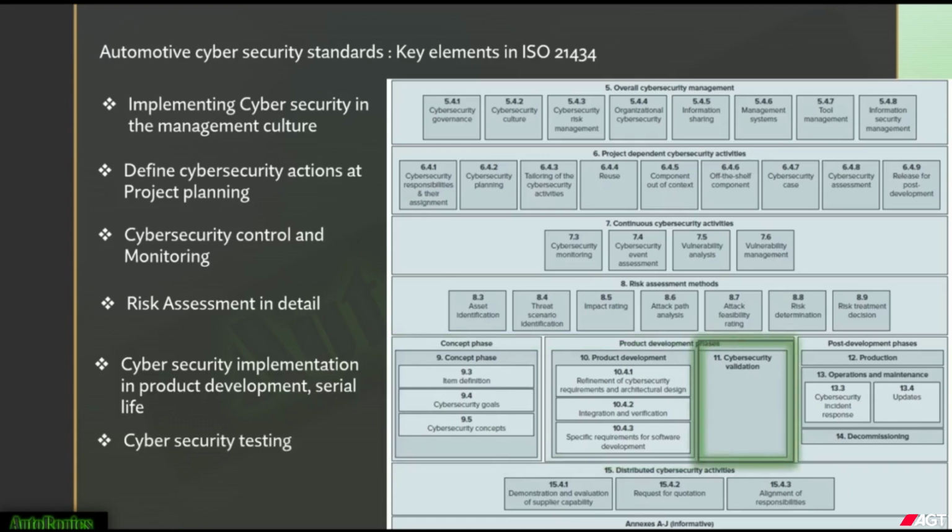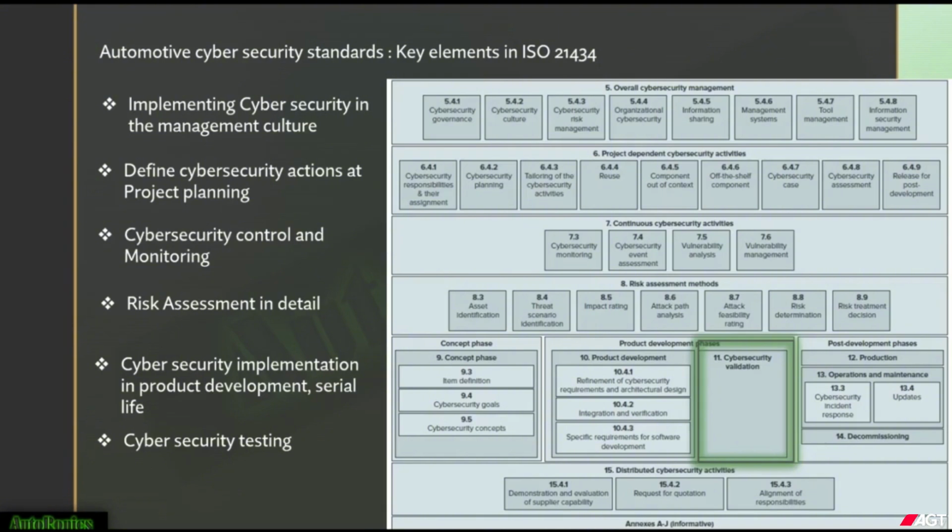Then comes the cybersecurity validation. This chapter mainly describes the activities for validating the previously cited cybersecurity measures and activities at the vehicle level, performed after the integration of the components has been completed. The item is considered in its operational environment, which is at the level of the vehicle, using the configuration intended for production and operational vehicle use, which means all the end of line test features disabled.